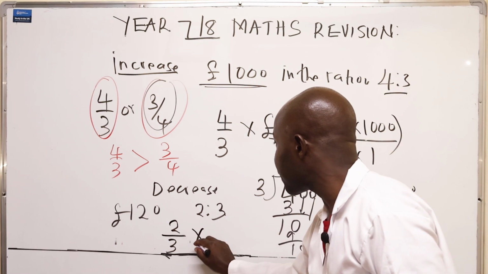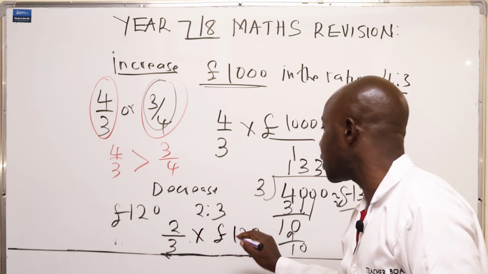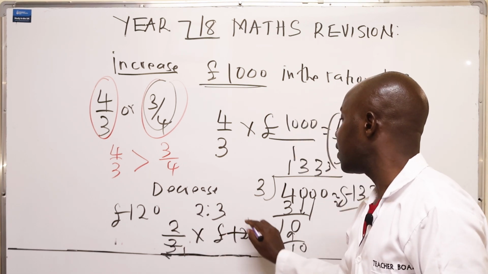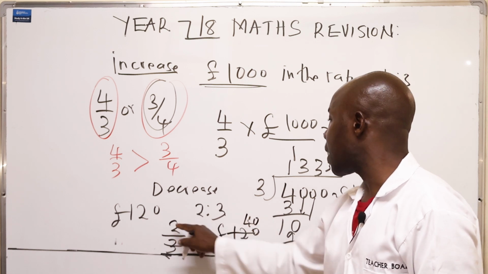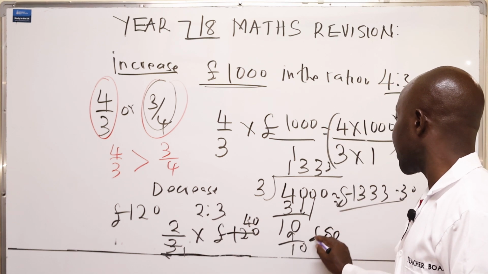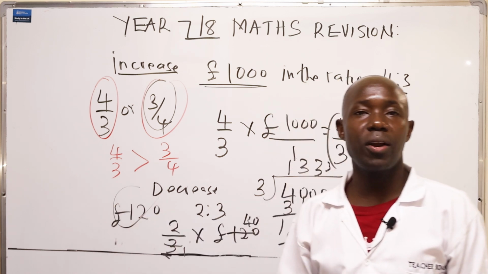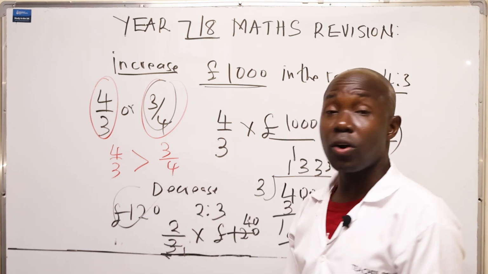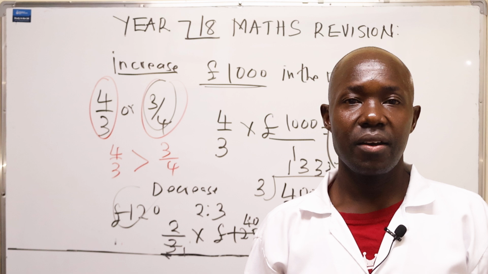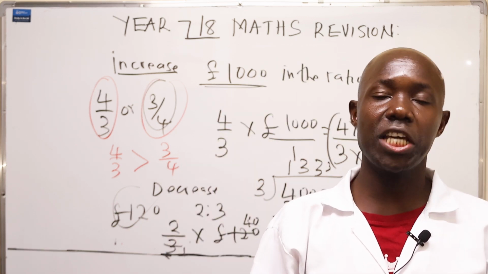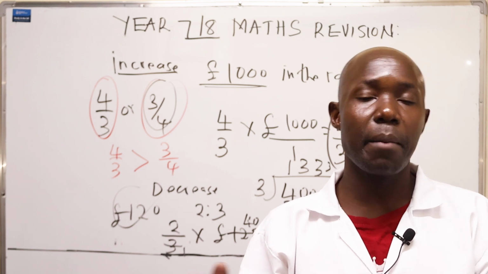Then I have to multiply by what? By 120 pounds. So 2 over 3 times 120, 3 goes here 1, 3 goes here 40. 40 times 2 we get 80 what? 80 pounds. And 80 pounds compared to 120 it is smaller, which means we have already done what? Decreased.